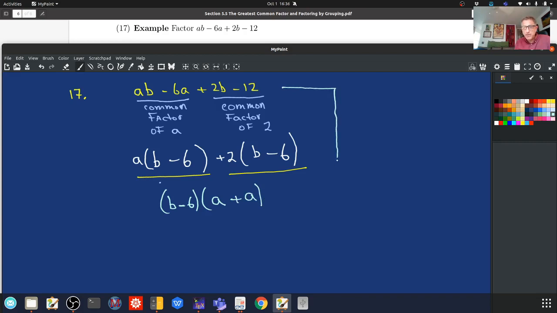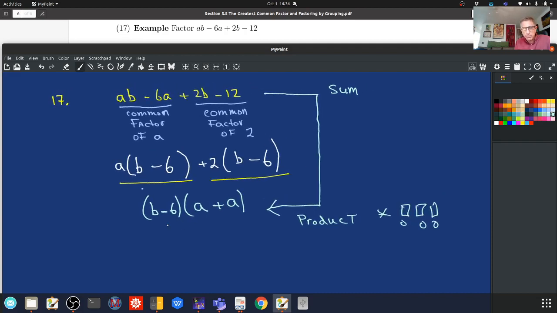We went from a sum, this is a sum of terms, to a product. If you could only realize fully just how important that can be in mathematics. So we went from a sum of 4 terms to a product.